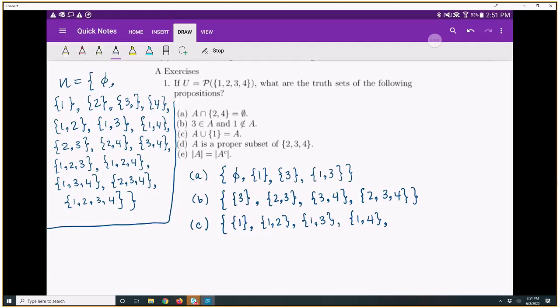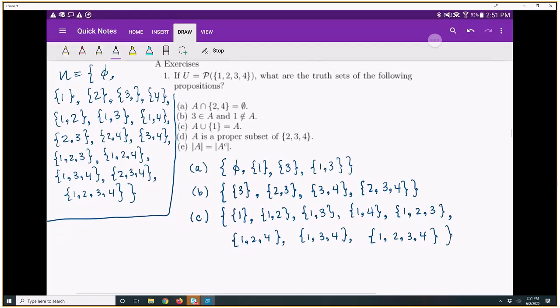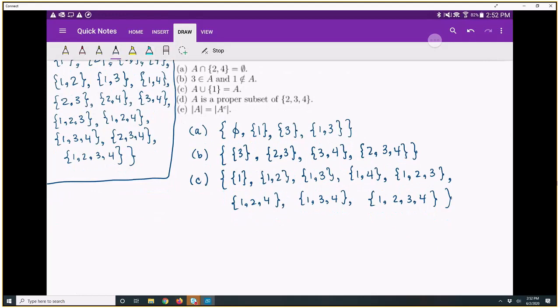I could have {1, 2, 3}, or {1, 2, 4}, or {1, 3, 4}, or {1, 2, 3, 4}, the whole set. So this is the truth set for the proposition in part C.